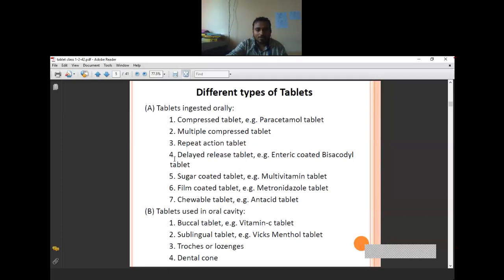Other than that, it includes compressed tablets, multiple compressed tablets, rapid action tablets, delayed action tablets, film coated tablets, chewable tablets. So these are different types of tablets.